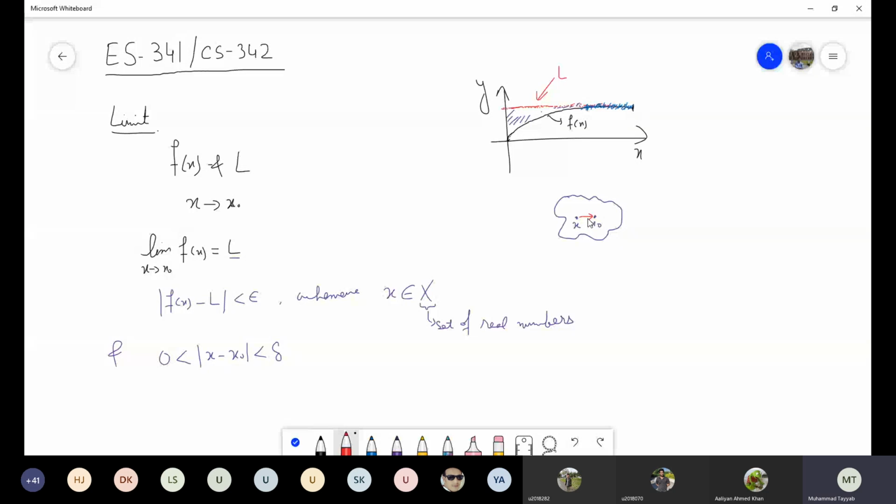So अगर इन दोनों points का distance लें, this will remain between 0 and delta, and delta is the smallest distance. It will be very small and very close to 0. So आप यहाँ पर भी देखें, as x is getting larger, the distance between the solid red line and the curve is getting very small. This is how the definition of the limit is defined.